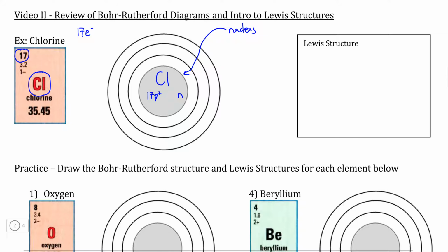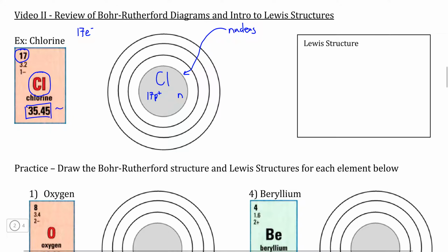The most involved process for finishing the nucleus is figuring out how many neutrons chlorine has, and that has to do with how we treat the atomic mass of chlorine. So we remember that it's physically impossible for an element to have a fractional number of protons and neutrons, meaning that this atomic mass is not usable the way that it is.